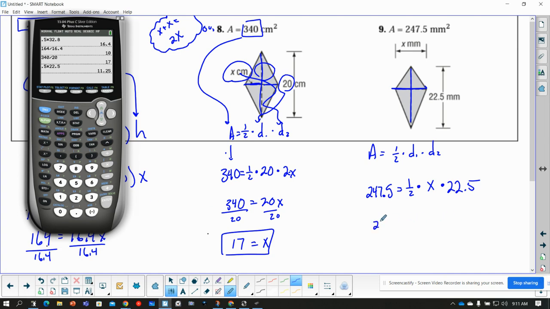So this is 247.5 equals 11.25x. Divide both sides by 11.25, so 247.5 divided by 11.25. And we get, ooh, that came out really nice, 22. So that comes out to be x equals 22.